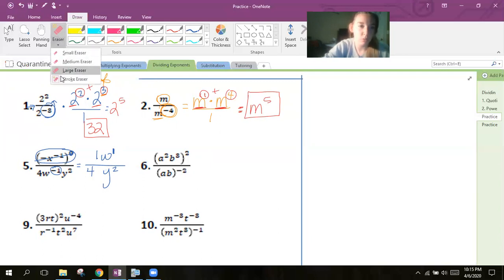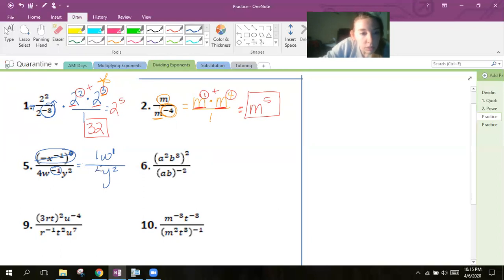My 4 can be a little bit closer to the rest of it. Okay, since these are different bases, I can't simplify any further. I can't subtract those exponents. I can't do anything else. So my final answer is just w divided by 4y squared.